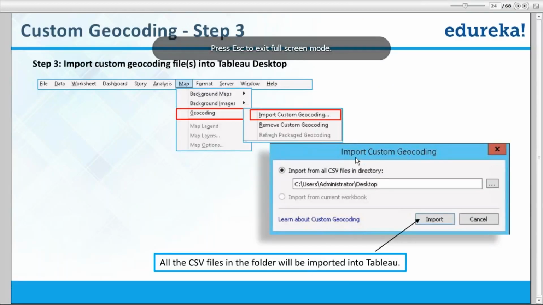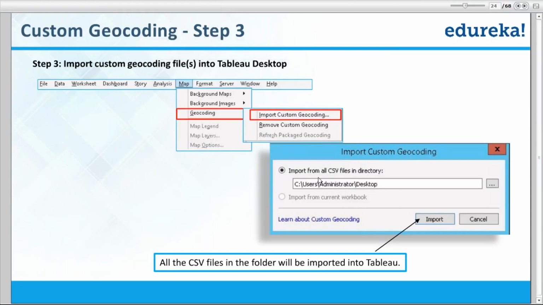You just need to set import files from this CSV in this directory, or import from current workbook. So Samir, you have an option to check this. Instead of selecting import all CSV files in directory, are you able to select the second option, import from current workbook?